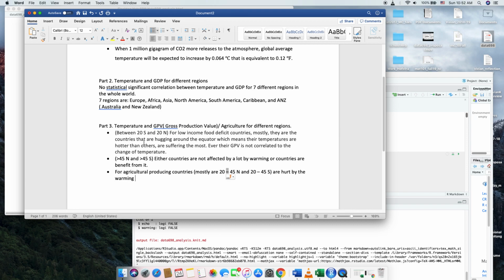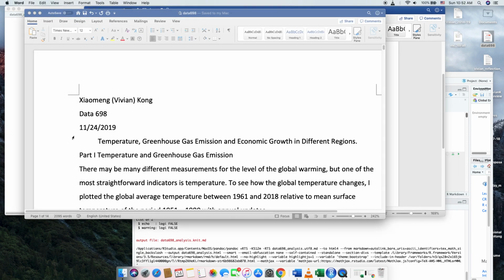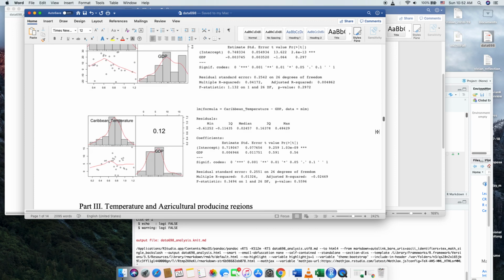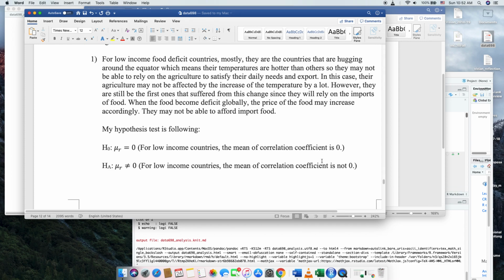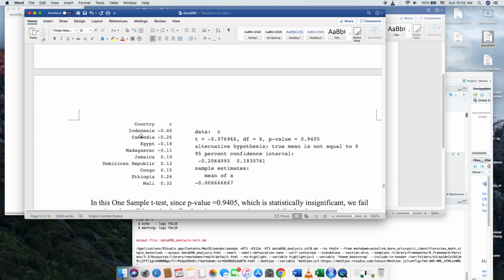develop in those regions. So now in this case, interestingly, I did a hypothesis testing for it. The regions I'm looking at are Indonesia, Cambodia, Egypt, Madagascar, Jamaica, Dominican Republic, Congo, Ethiopia, and Mali.